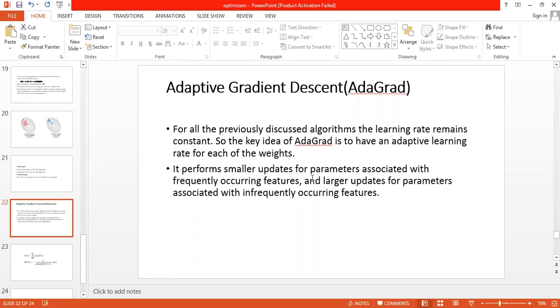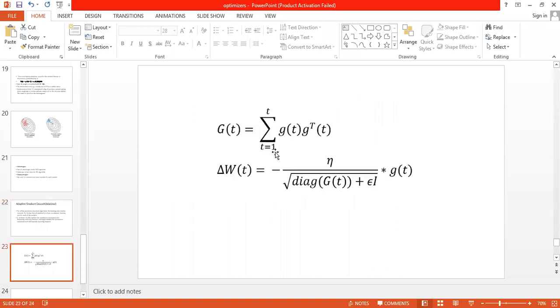There are also some parameters associated with this, and the larger updates are only done for the parameters associated with the frequently occurring calculation of the loss functions. So here you can see the formula, the gradient with respect to t, and all of these are with respect to time. Here sigma represents the momentum and the other parameters.